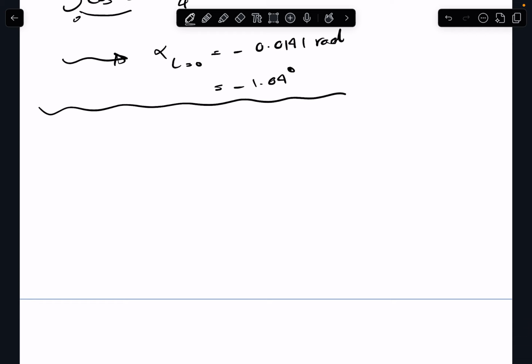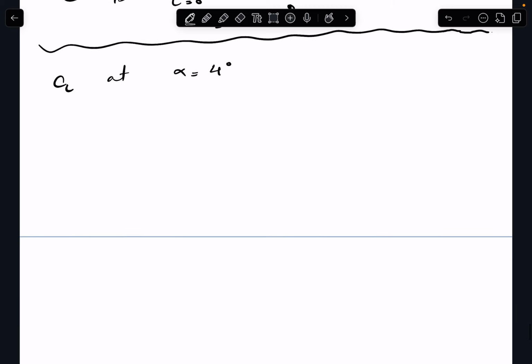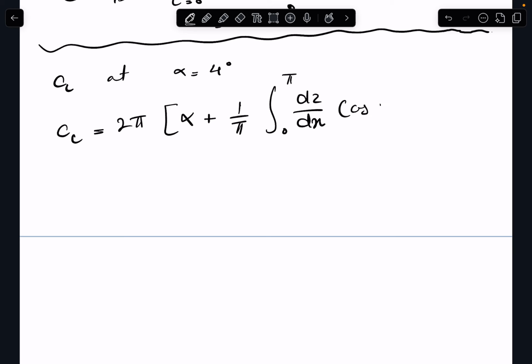Next part of the problem is asking us to find the lift coefficient at the angle of attack of 4 degrees. If you look at page 24 of the lecture notes, you're going to see that we have an equation for the lift coefficient: CL is equal to 2 pi multiplied by alpha plus 1 over pi integral from 0 to pi of dz dx cosine theta minus 1 d theta.